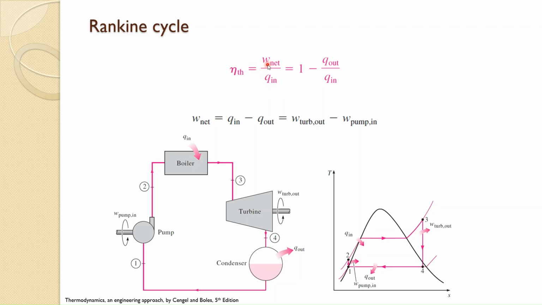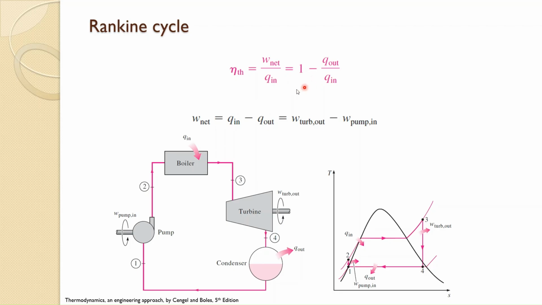W net, or net work, is the difference between the work that you produce in the turbine and the work that you consume in the pump. So the difference here is the net work. Q in is the heat that you add in the boiler. So if you divide W net by Q in, you can calculate efficiency.